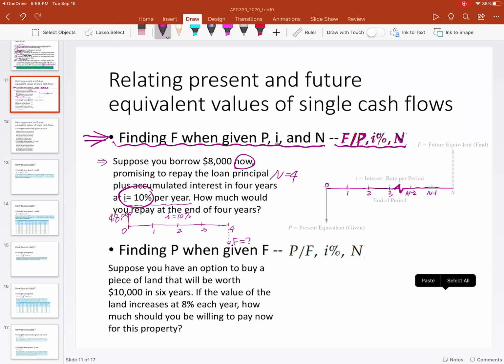Then you get n minus 2, n minus 1, and then the end of the n time periods. So this is a generic time scale. The n could be 5 or 10 or whatever number based on the real case. And then usually this scenario will give you a present value P, which is given. Also the I will be given.